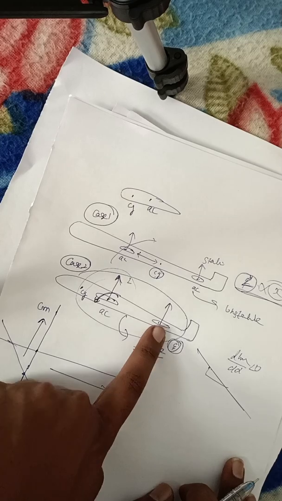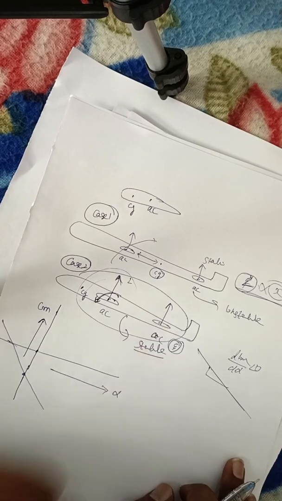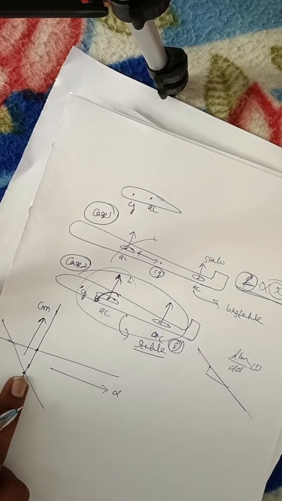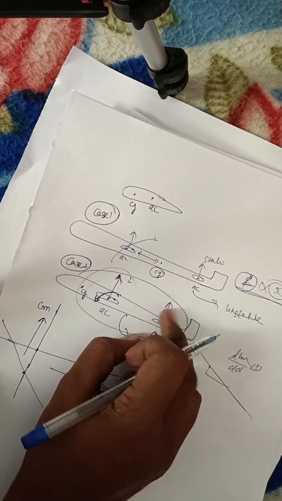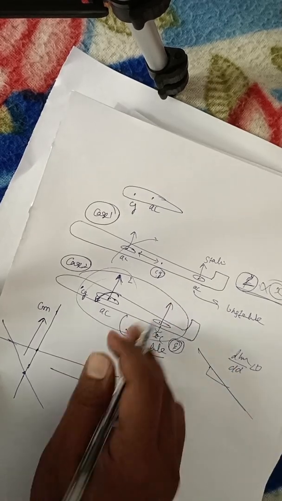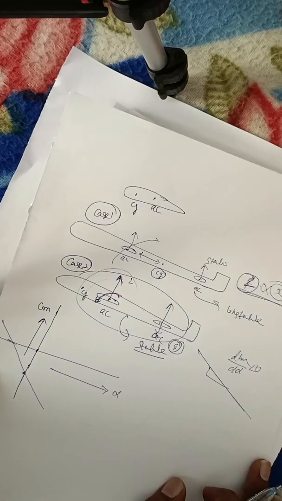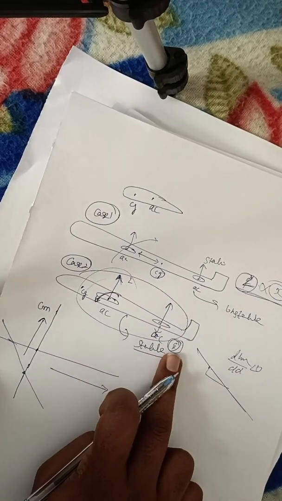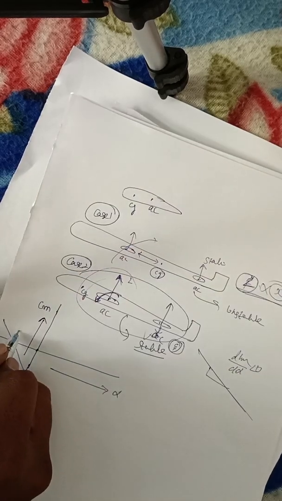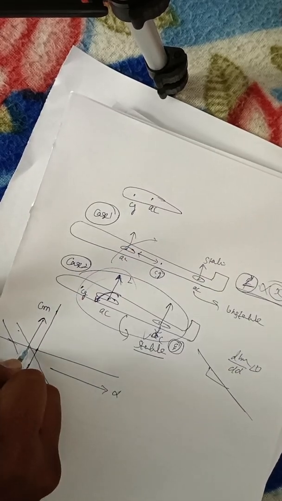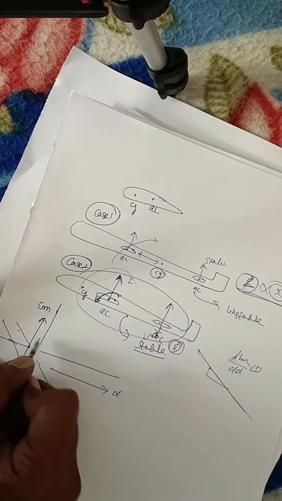Even though somewhat lift will be generated in the positive direction or in the negative direction because of a negative zeta at alpha equal to 0, there might be some positive moment. Just assume that, like this, or very less.